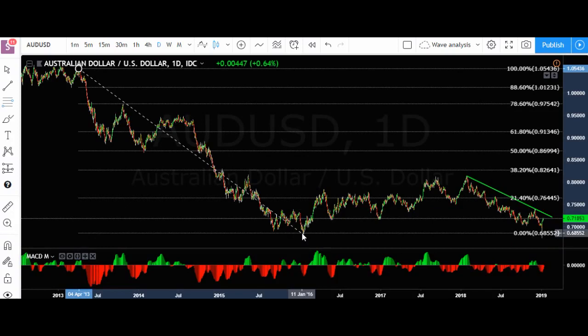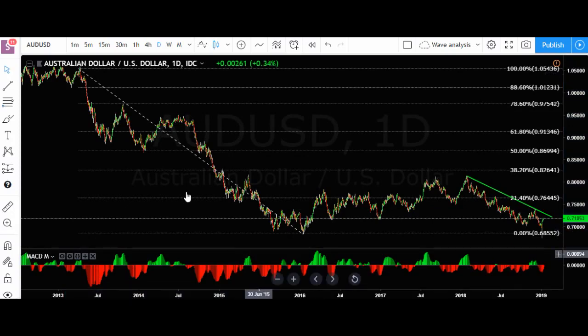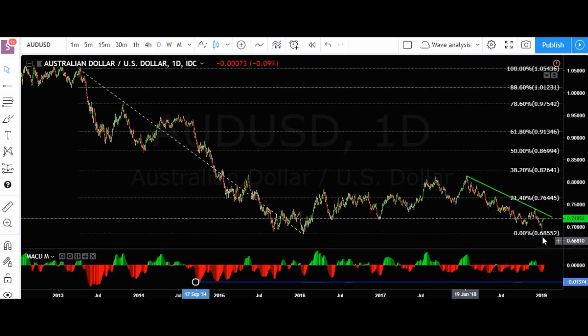Let's flip this whole move down to here, and as you can see, remember the rare case, it won't go to the 27% extension if you get an ABC structure, and that's exactly what happened here.